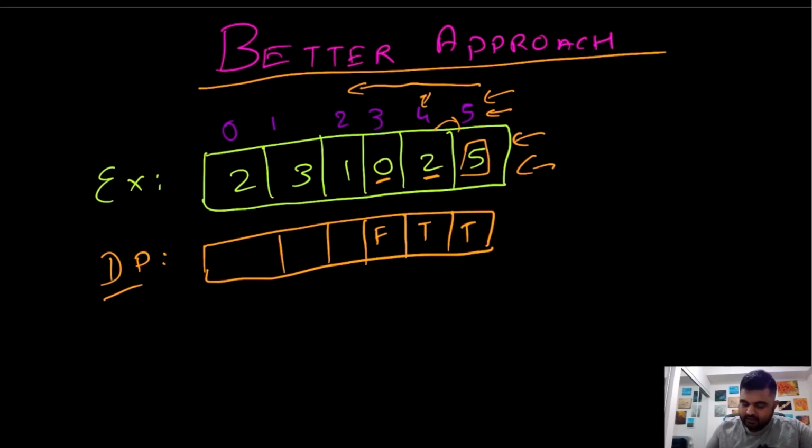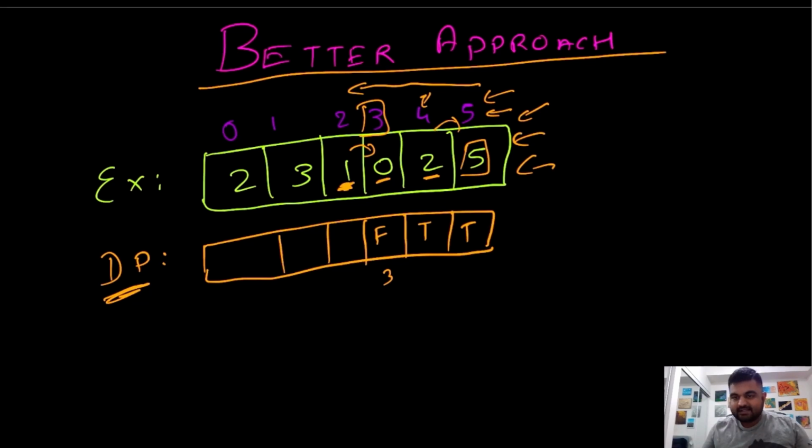Okay. Now from this one, can we end up at this fifth position? Now the interesting part comes. Now we are going to check that, okay, this has possibility of only doing one jump, right? So with one jump, we can only end up at this third index. Now we only need to check in this DP array for this third index if the value is true or false.